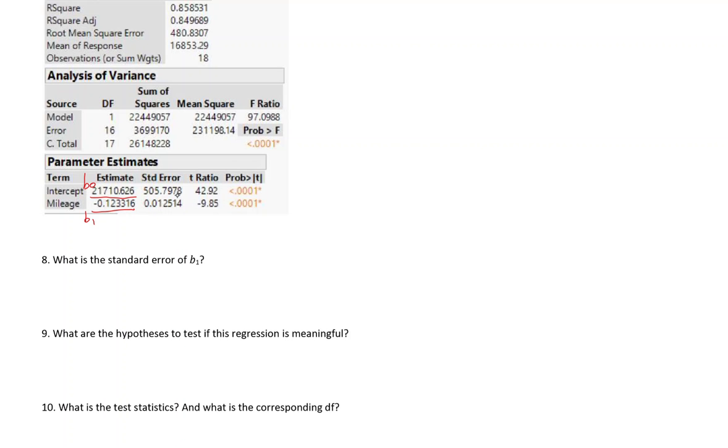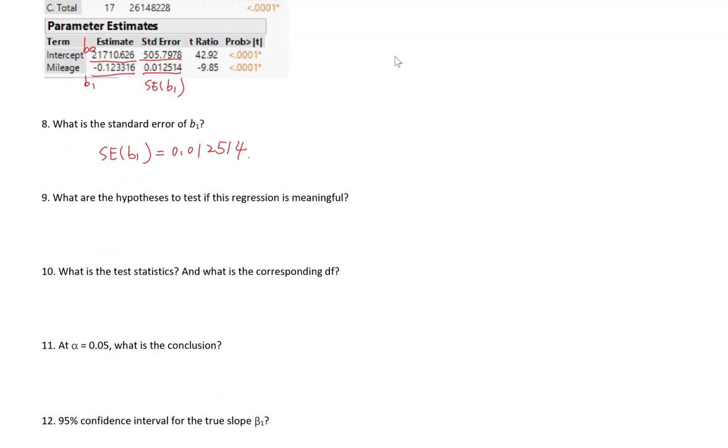And correspondingly, this is the standard error of B0, and this is the standard error of B1. So the standard error of B1 from the output is 0.01251514. That's it.